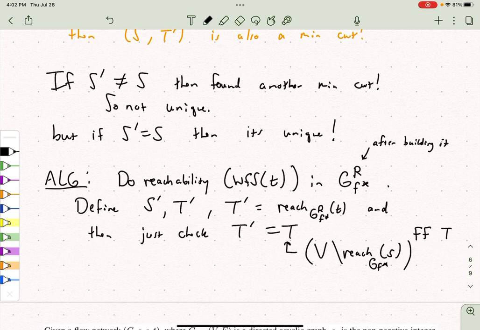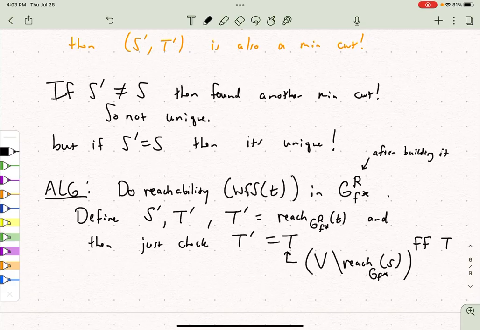Well, we just loop through every node and check if the node in T prime is present in the node of T. But you can also do it in more efficient ways. So I'm just going to assume it's constant time to do a check for each individual node. So if they're equal, we're done. But really, we just need to check, is the intersection different? That's really what we want to compute, because that's even faster to do.